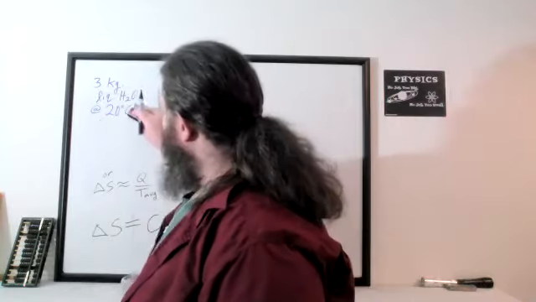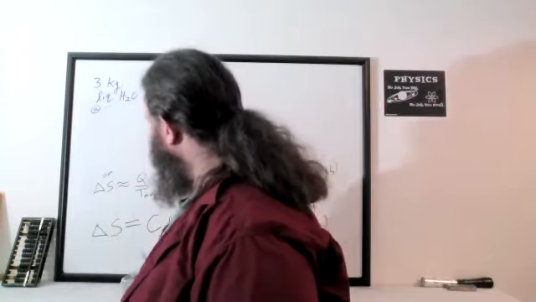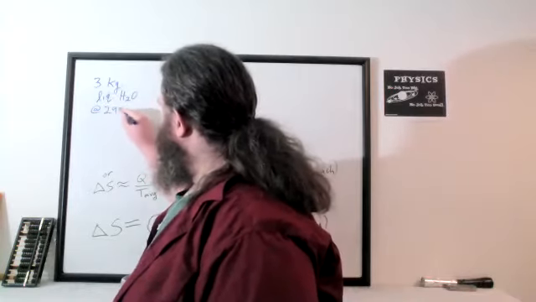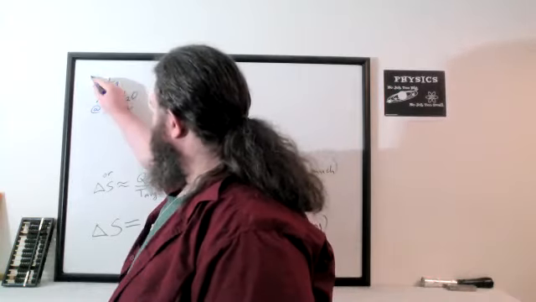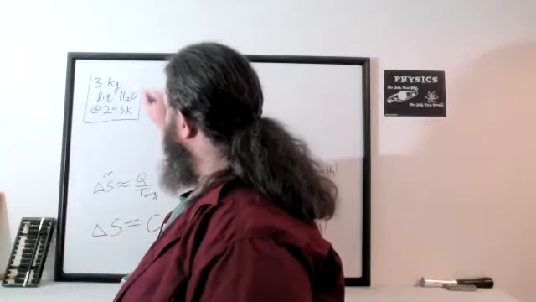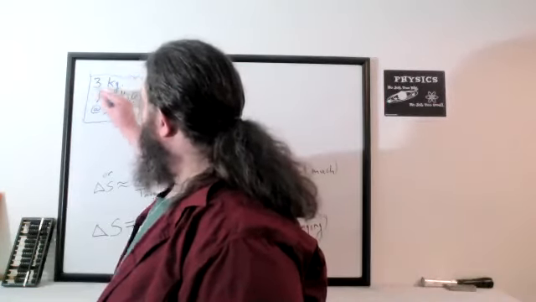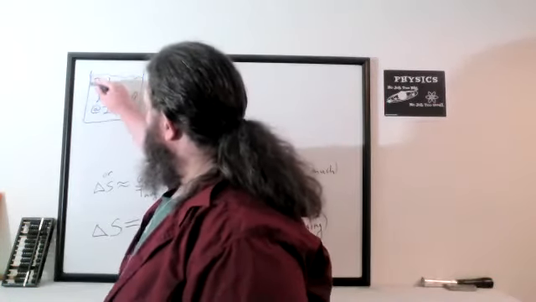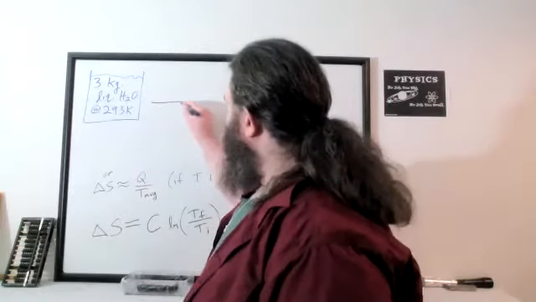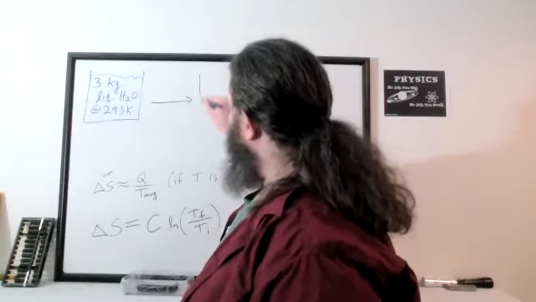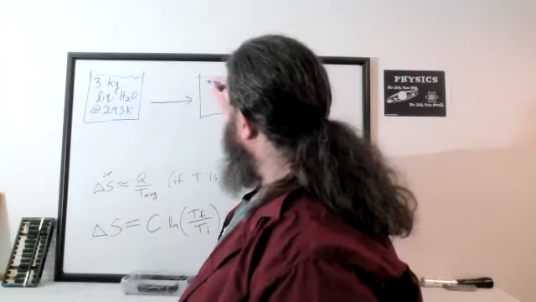Or let's go ahead and put that into Kelvin, 293 Kelvin. And we want to freeze it. We want to turn this into a block of solid ice.